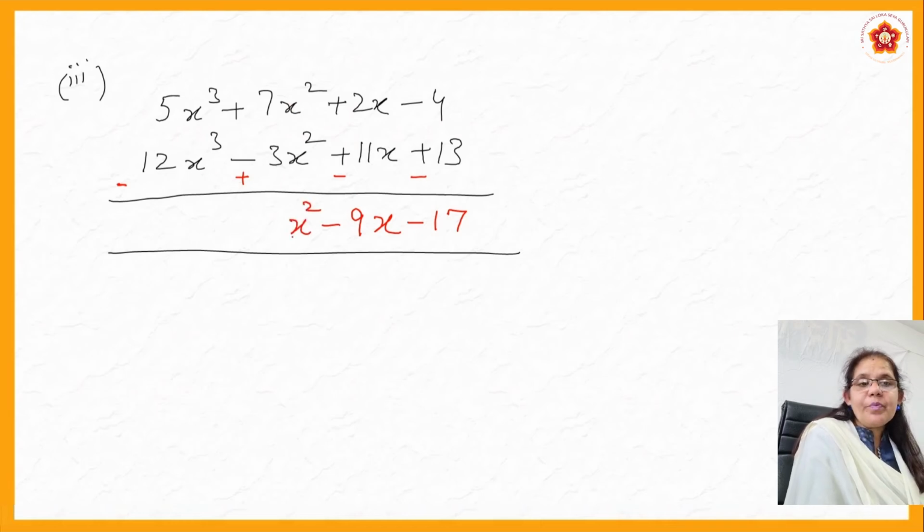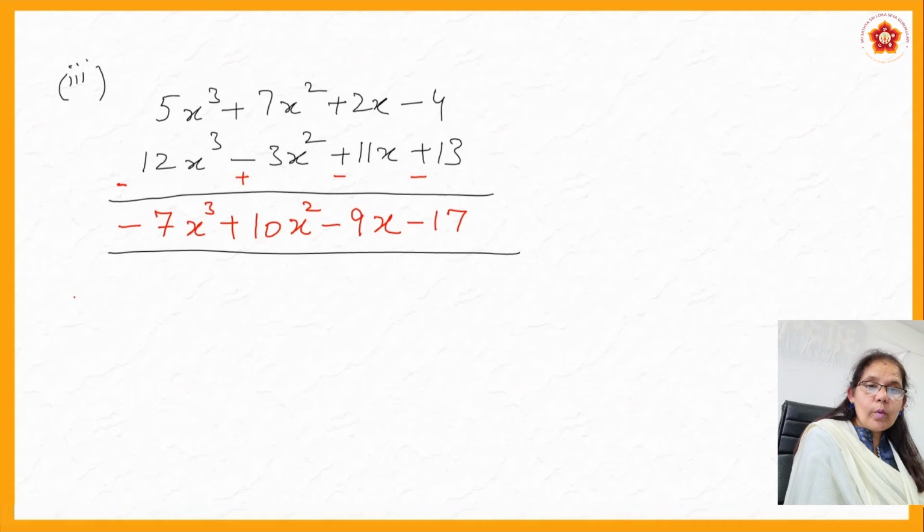So x square is the variable in these two like terms, and 7 plus 3 is 10. X cube is the variable here. 5 minus 12. So it will be minus 7. So answer is minus 7x cube plus 10x square minus 9x minus 17.